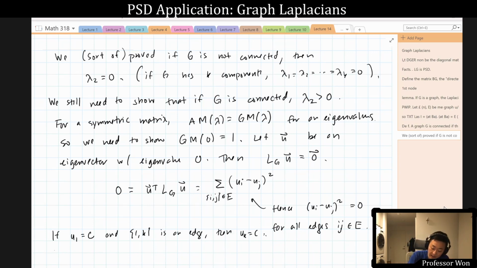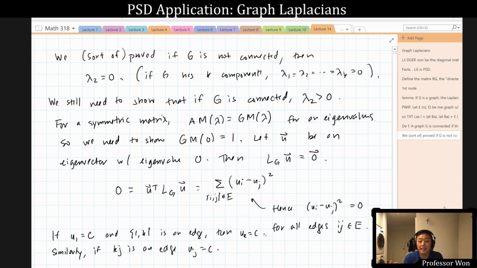Right, so similarly, if kj is an edge, then now Uj has to also equal C. What does this say? This says that as you walk along the graph, every vertex you can reach has to have a C in this eigenvector.